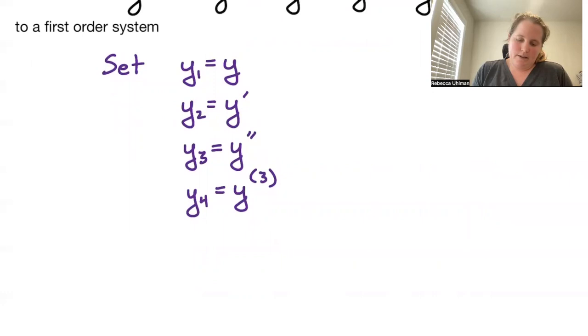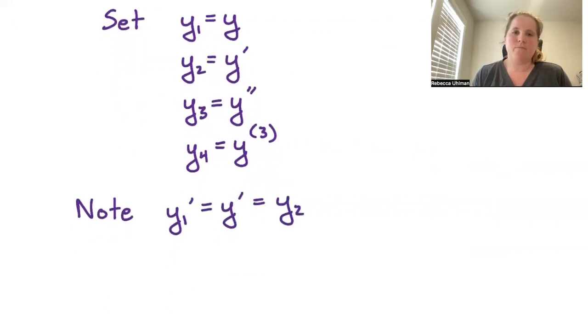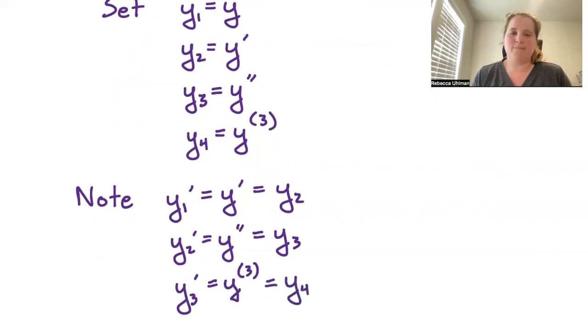So in this case, note that y1 prime is just y prime, and that's therefore y2. Y2 prime is just y double prime, otherwise known as y3. And y3 prime is the third derivative, otherwise known as y4.